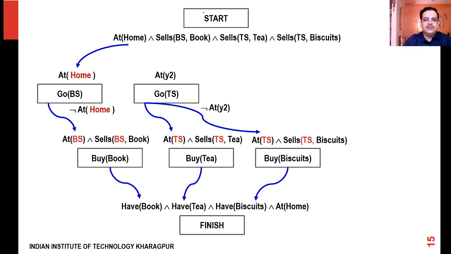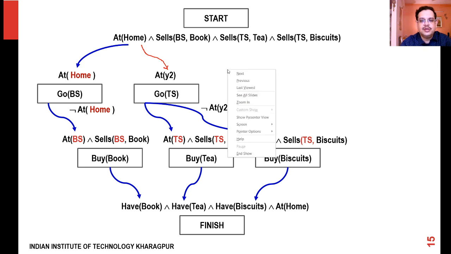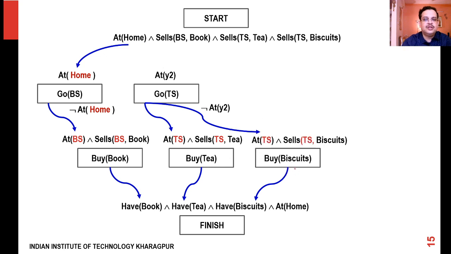Now previously what I had done was that I had instantiated y2 also with home, that is I did this. But now I already found out that that's not going to work. So what I'll do therefore is that I will try to instantiate y2 to something else, and when I backtrack and try that, then I will try replacing y2 with bs.